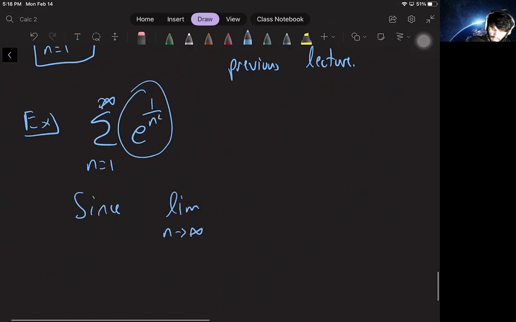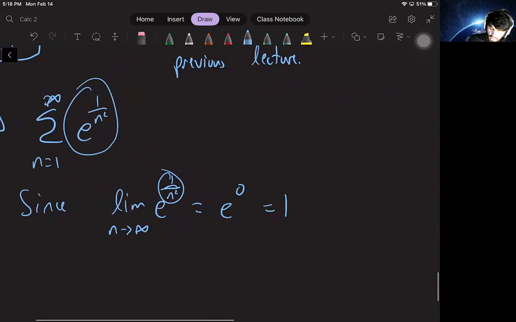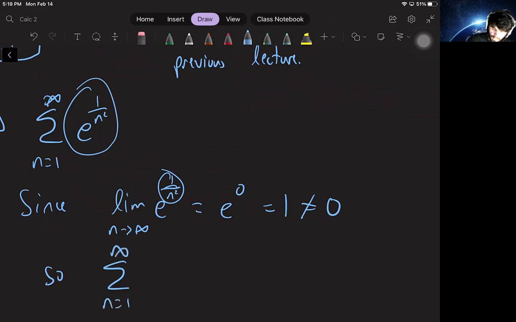They need to get small. They need to go to 0 in order for you to be adding up infinitely many things and not getting infinity. Okay, so what's this limit? Well, as n gets really big, that guy goes to 0. So this is 1. So is this 0? No, it's not. So you can say the series diverges by the divergence test.